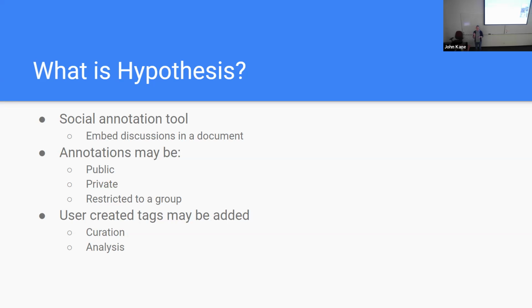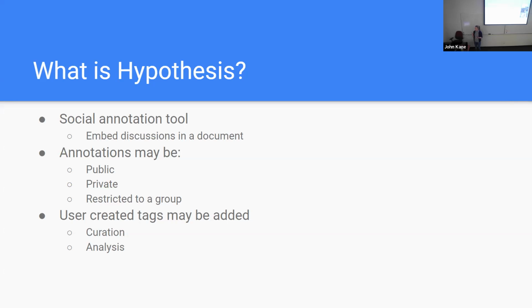The other really unique thing that Hypothesis does is it creates user tags. So you can, for instance, group annotations by the type of reflection that they are engaging in. Maybe it's a reaction, or maybe it is a connection to other course material, or maybe that annotation is about reflecting on their lived experiences.